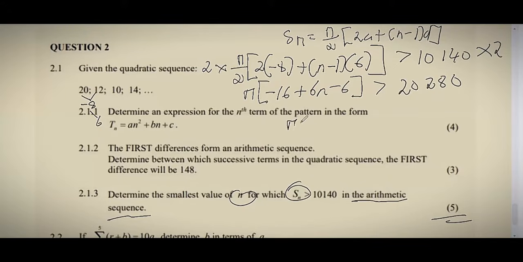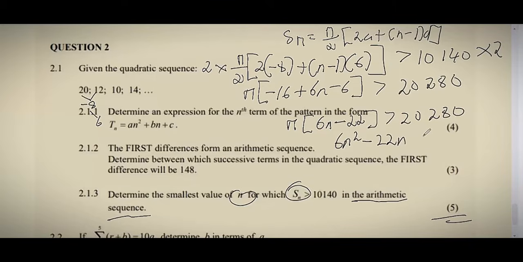Then let's calculate here. We have inside the bracket 6n, negative 16 minus 6, that's minus 22, and then greater than 20,280. Then let's multiply inside with this n, that's 6n squared, minus 22n.